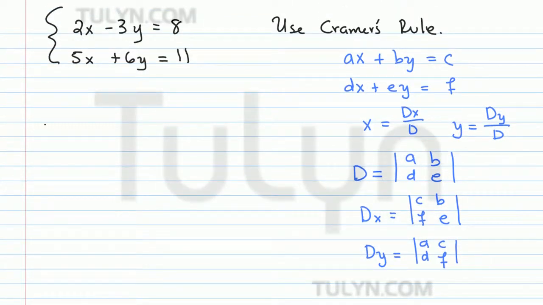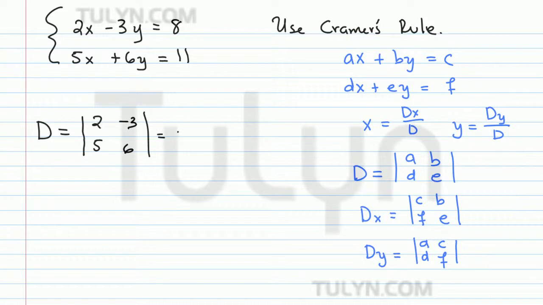So first thing we should do is find D, Dx, and Dy. So D is the coefficients in x as the first column, and the coefficients in y as the second column. So that's 2, 5, negative 3, and 6. And remember how we solve a 2 by 2 determinant is that you cross multiply and then subtract and take the difference.